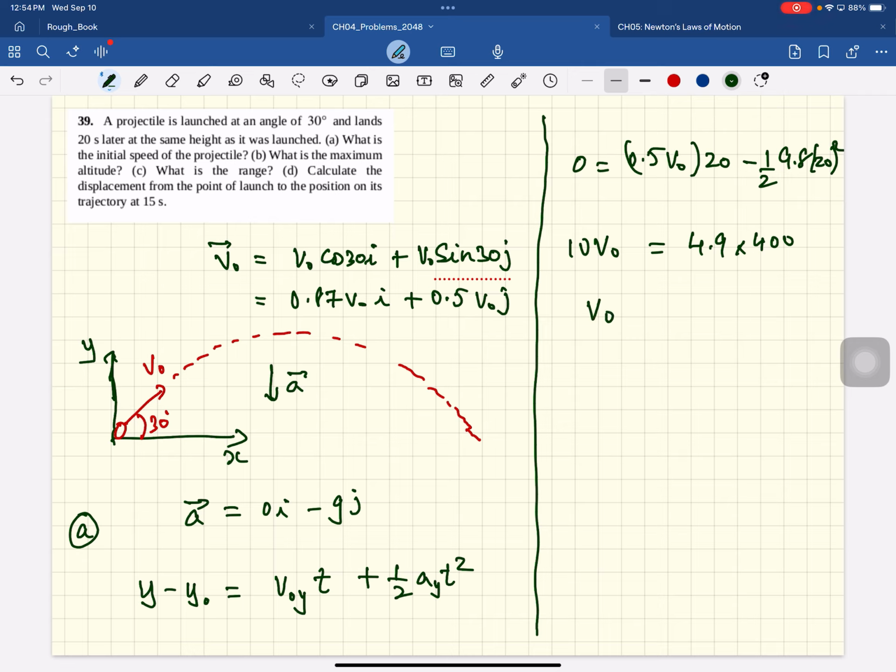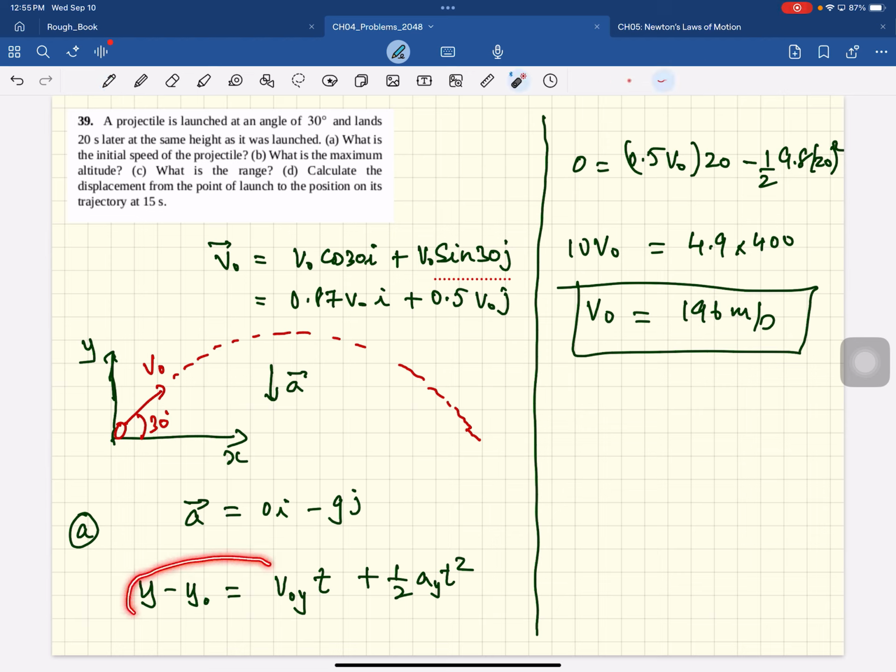So v0 is 49 times 4, so 196 meters per second. So from the y motion, we were able to calculate the speed.